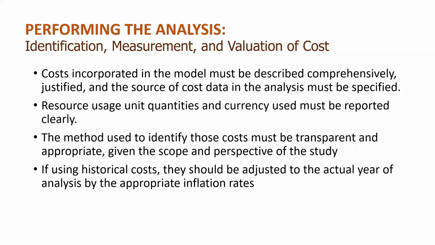You need to mention clearly where you got the data, and if you can provide access to the cost data that you are providing, you need to mention it clearly in the table. And this should not be an appendix.